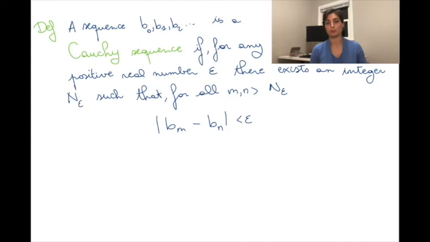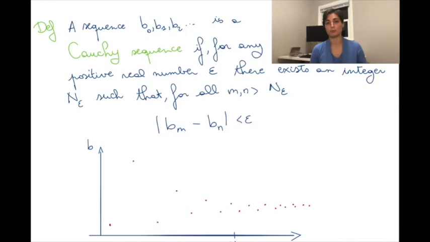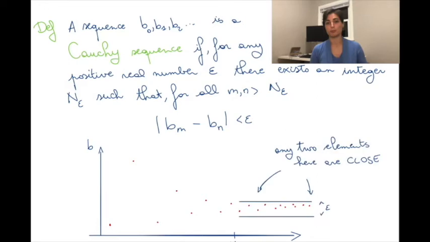How can we look at it? Let's start by looking at the natural numbers on the x-axis and the value of the sequence on the y-axis. So at the beginning it might swing a lot, but if we have chosen an epsilon, then there exists an N epsilon such that everything after is bounded by something that is at most epsilon wide.